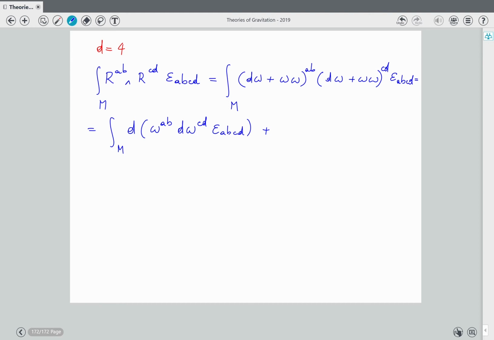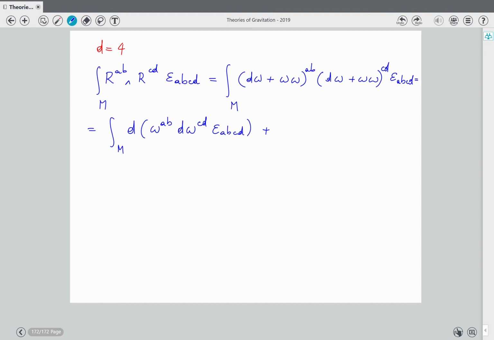The other two, as usual, give the same contribution because you have omega d omega or d omega omega, but omega is a two-form, d omega is a two-form, so you can exchange them paying no price, and it's like exchanging the couple of indices AB with the couple CD.